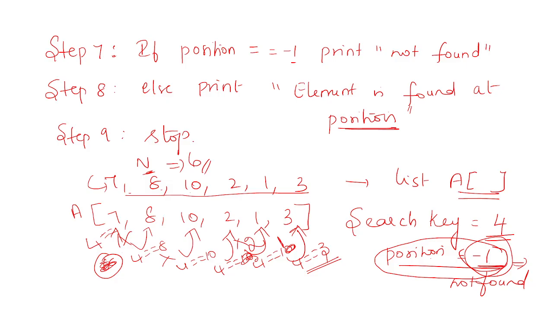Finally it will compare the last element, whether 4 is equal to 3. In this case they are not equal, so it will come out of the loop because it has searched till the end of the array, and position will be equal to -1, so you conclude that you are not able to find the particular element in the array.